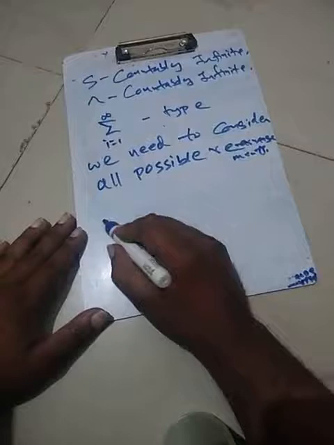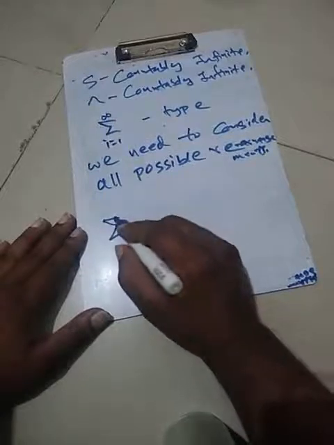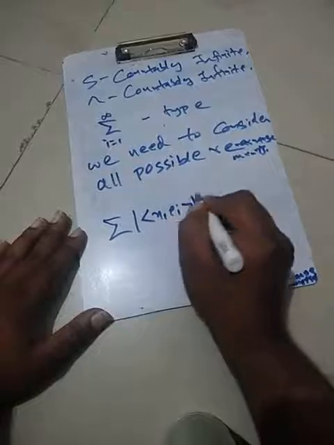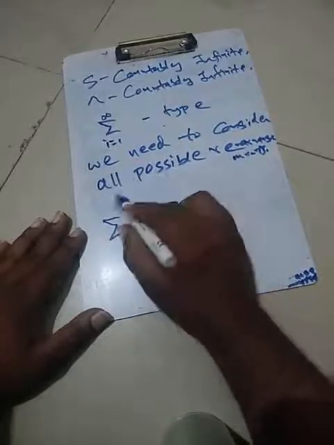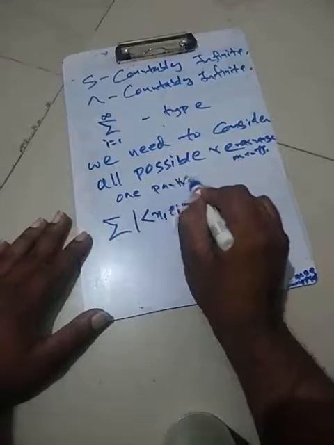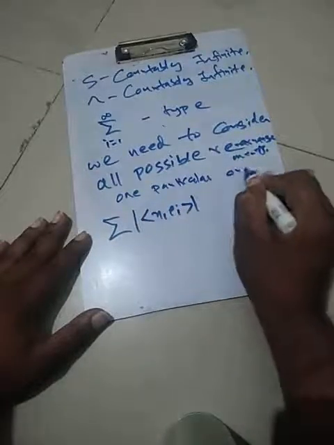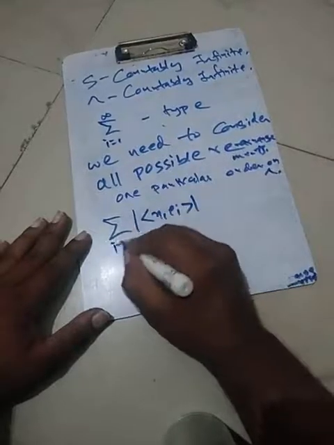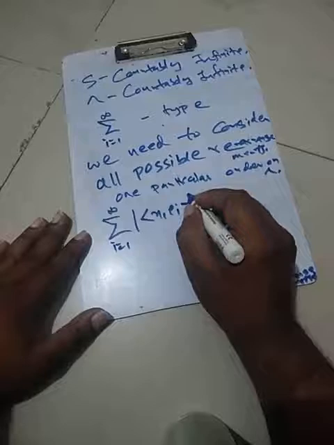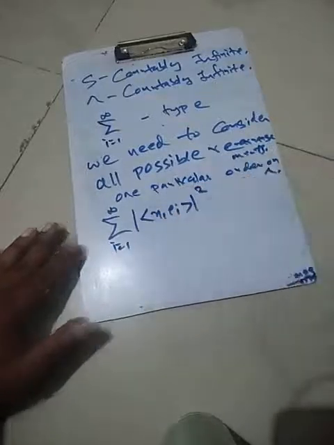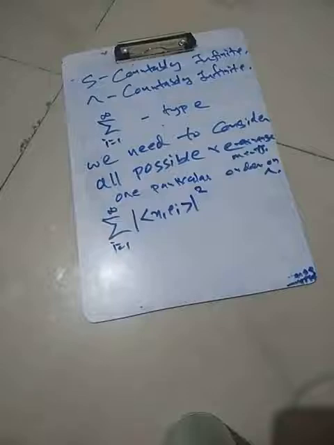Now, if you look at this series, with one particular rearrangement, if we put an order on lambda, this series is absolutely convergent.